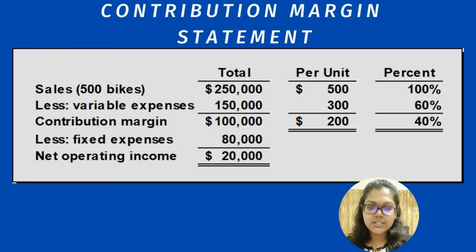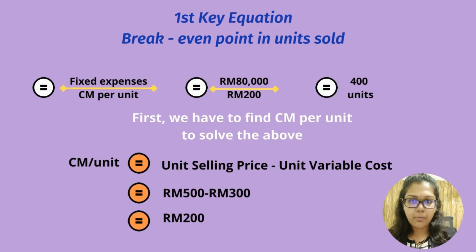We're going to use this statement and apply it to the two key equations and also the relationship between cost, volume, and profit through a graph. The formula for the break-even point in units sold is fixed expenses divided by contribution margin per unit. To solve that, first we have to find the contribution margin per unit.